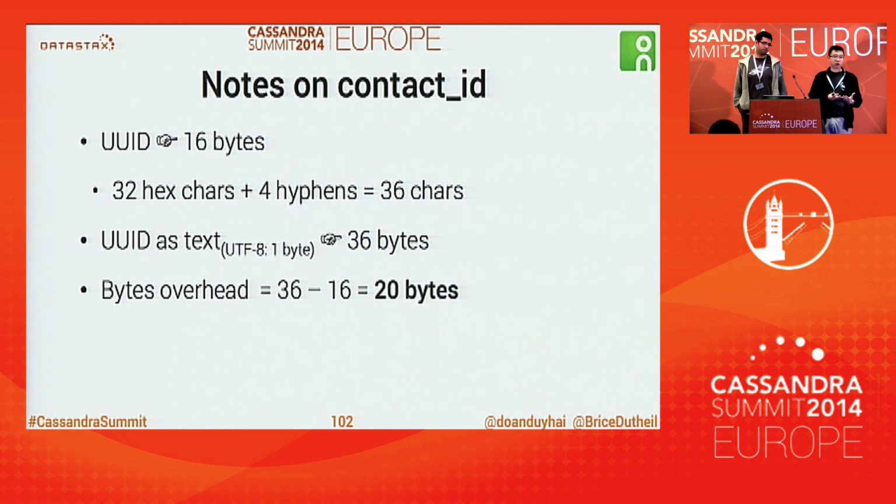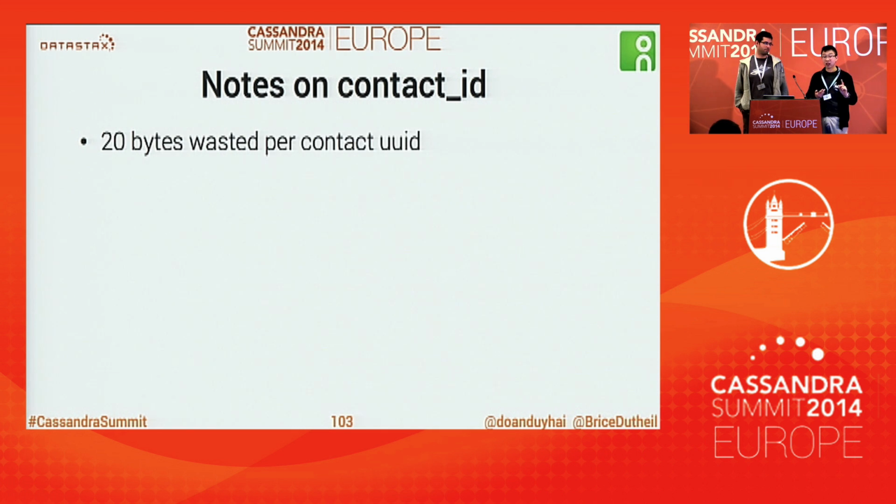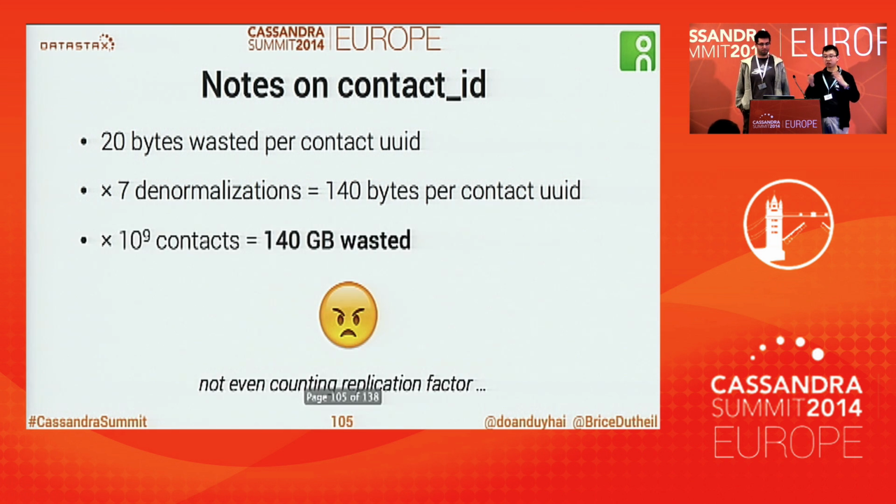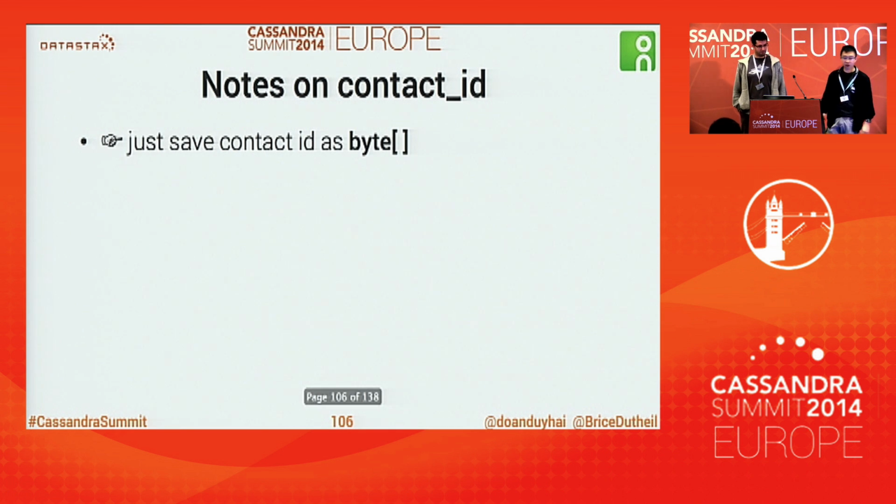With UUID, it's worse. A UUID is encoded using 16 bytes, but if we encode it as text, we have like 20 bytes overhead per contact UUID, times 7 denormalization, times billions of contacts. It will give us like 140 gigabytes of disk space wasted, just because we are encoding as text, not even counting replication factor. So the idea is to use byte array to store all of them.